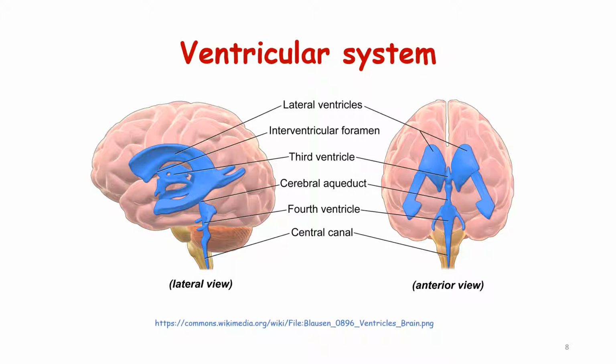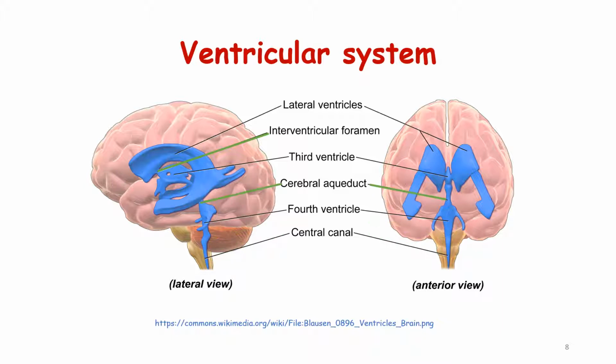The ventricular system is a series of connecting hollow spaces called ventricles in the brain that are filled with cerebrospinal fluid. The ventricular system consists of 2 lateral ventricles, the 3rd ventricle, and the 4th ventricle. The interventricular foramina connect the lateral ventricles to the 3rd ventricle.